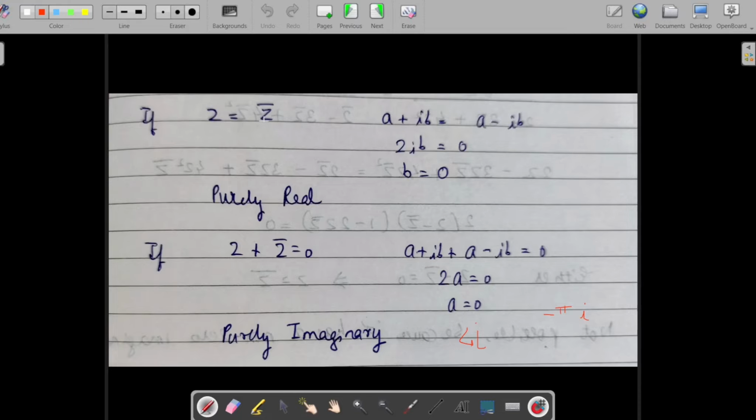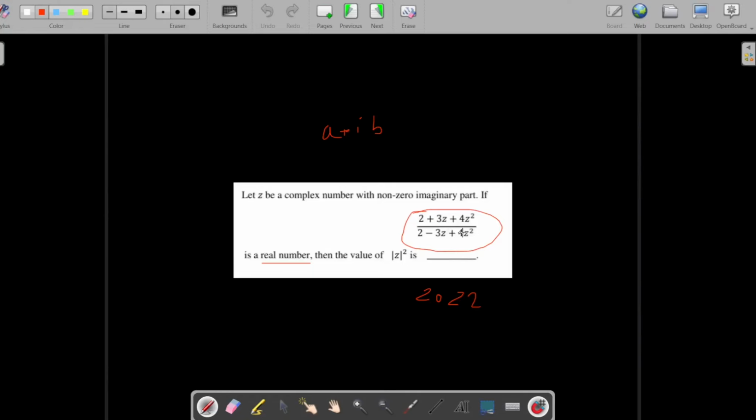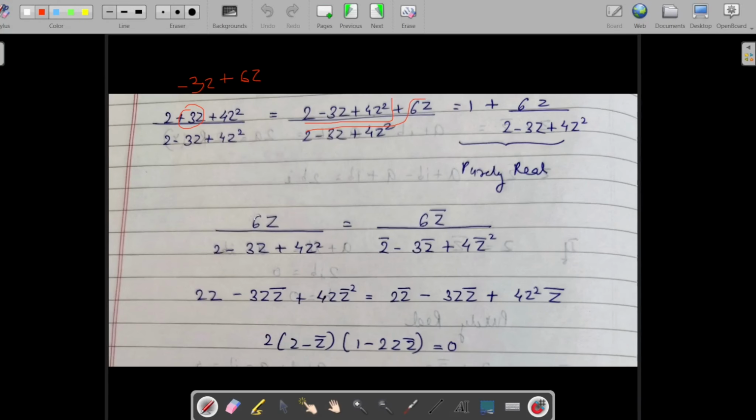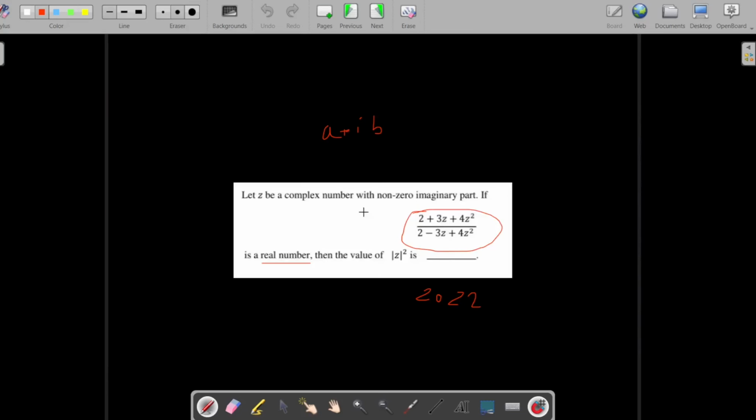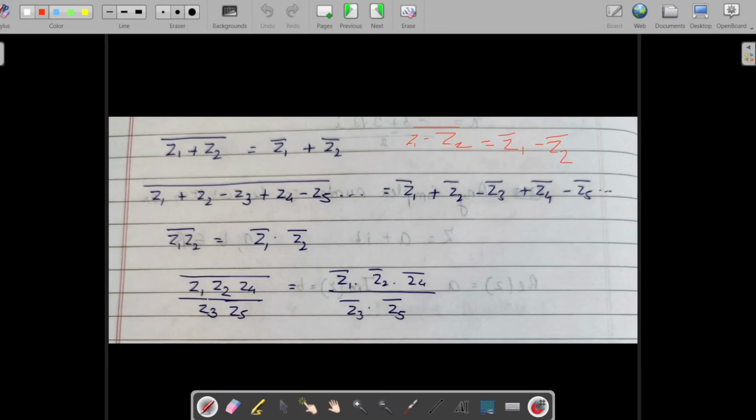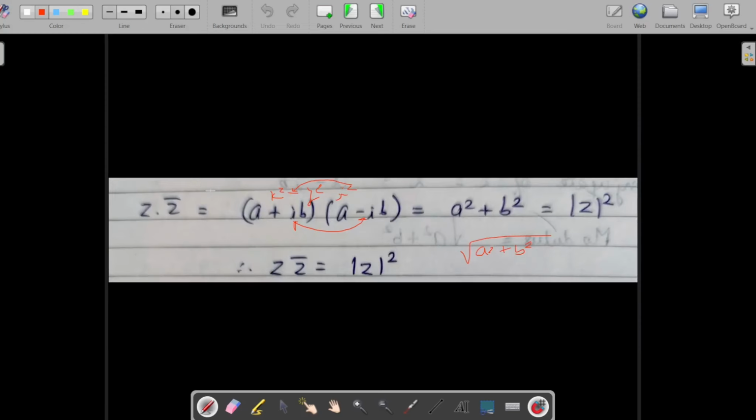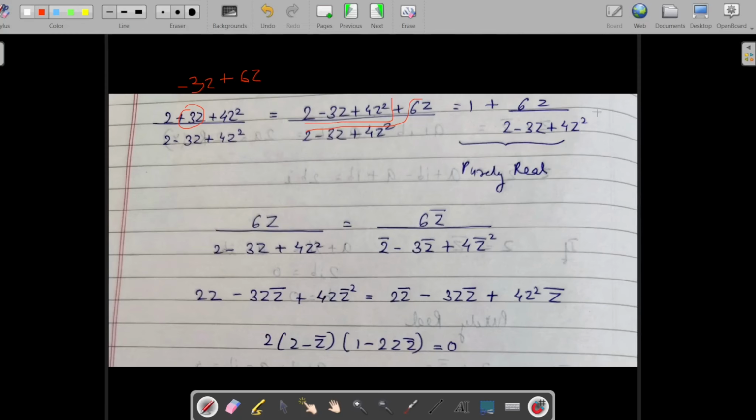So for purely real quantities, the original term and its bar are the same. And as we have seen, these terms get easily distributed over denominator and numerator and plus and minus signs. So basically, this entire term is purely real.